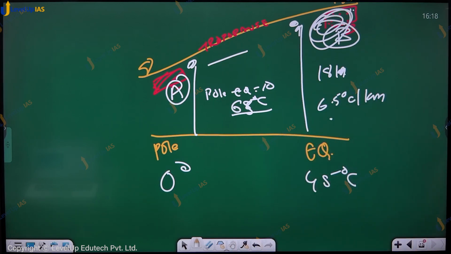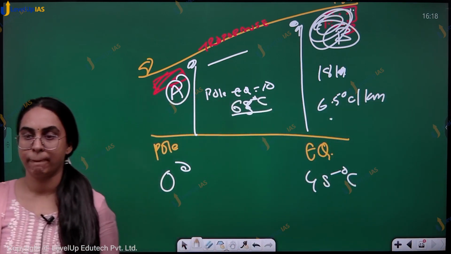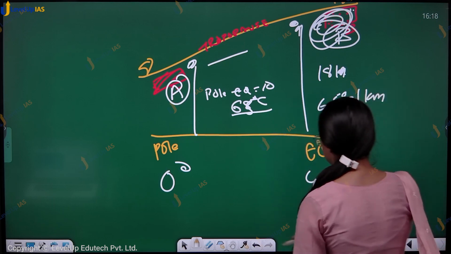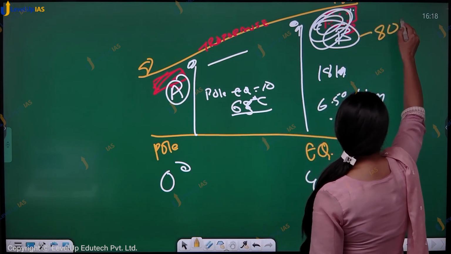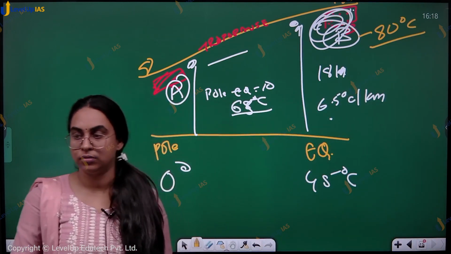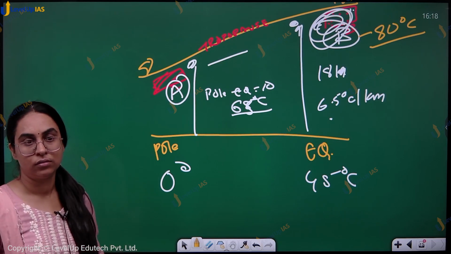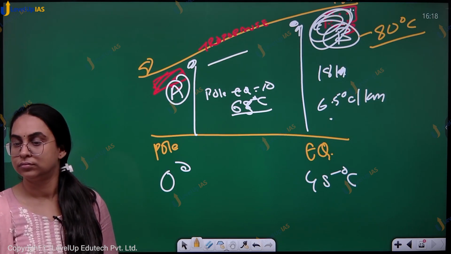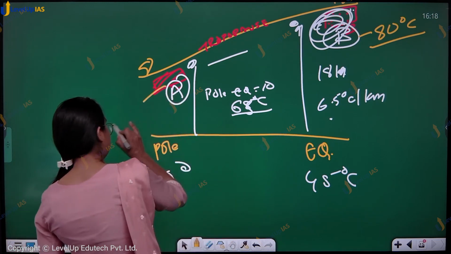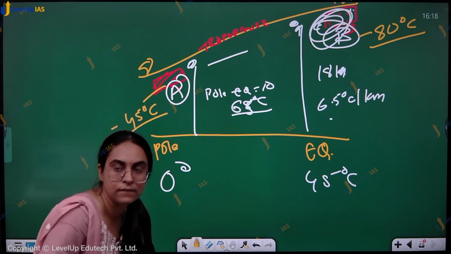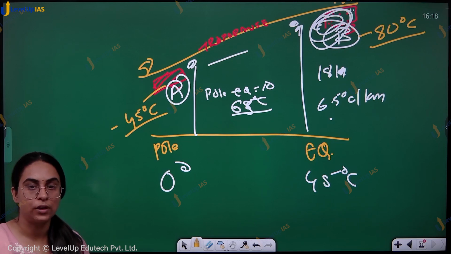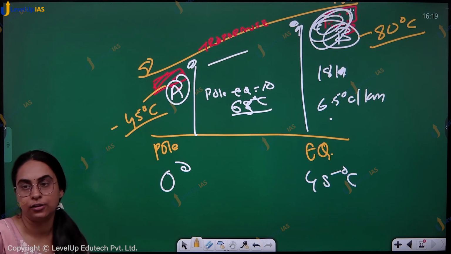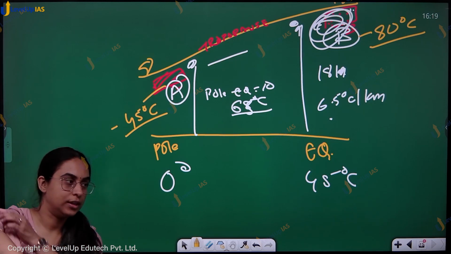The temperature is minus 80 degrees Celsius at the equator at the tropopause, while the temperature is minus 45 degrees Celsius at the poles at the tropopause.